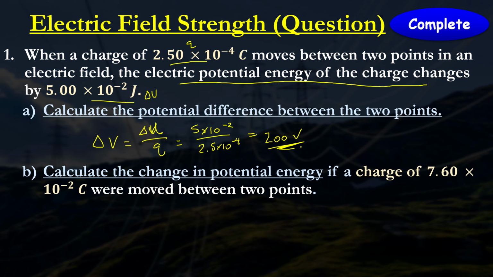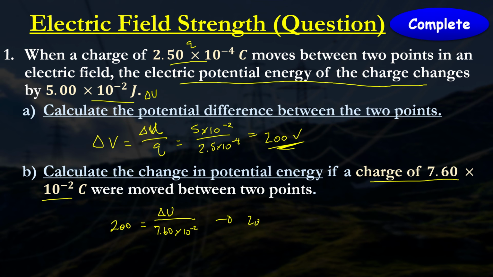The next bit I need to do is calculate the change in potential energy. So calculate the change in potential energy if the charge was that instead. Okay, so I know that the potential difference is 200. I want to find the change in potential energy. And I know that the charge is 7.6 times 10 to the power negative 2.